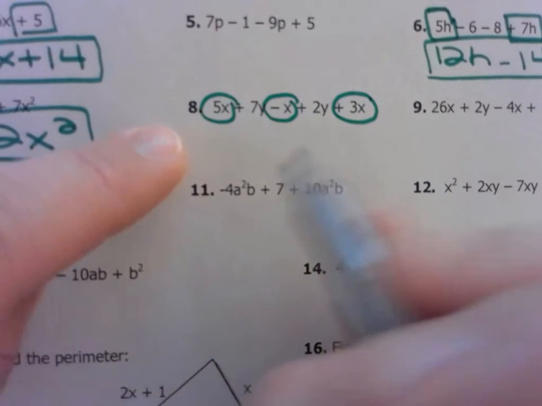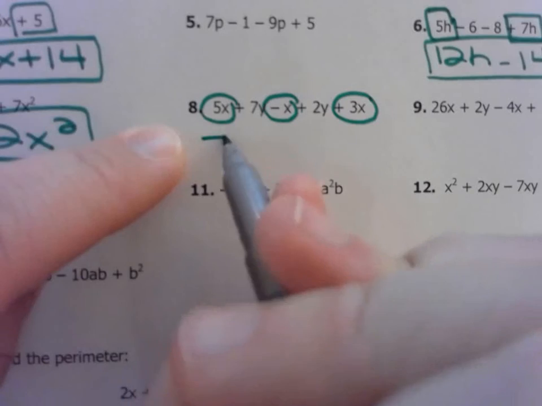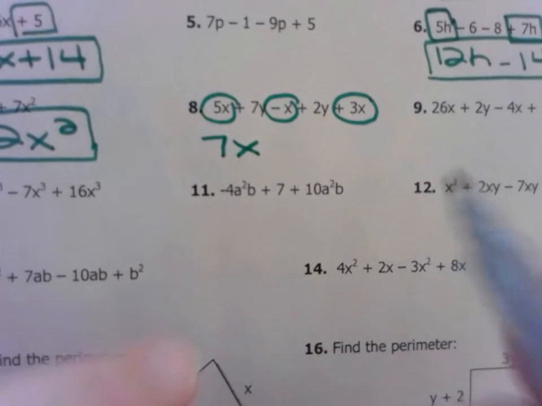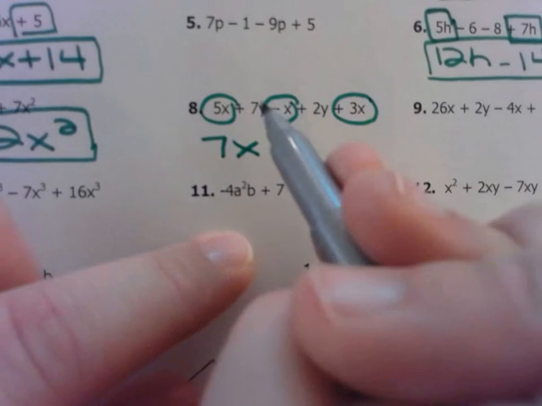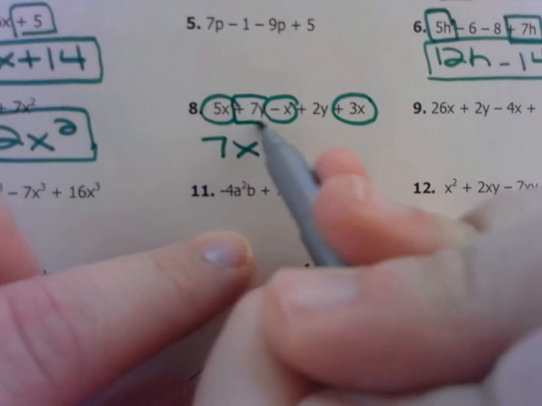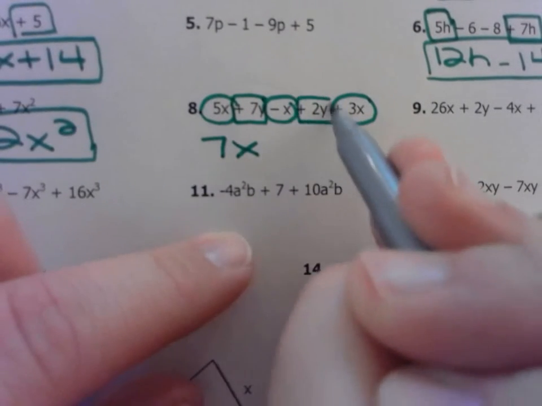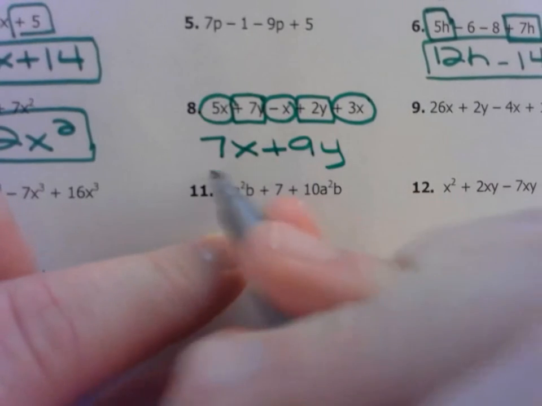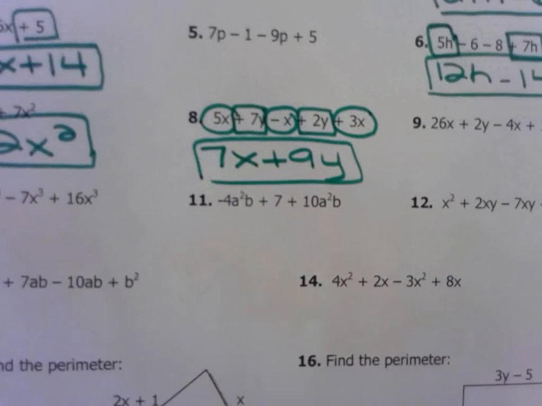Plus 3? 7. 7x. So you go through and combine like terms. Now the other two are my y's. 7y plus 2y plus 9y. I can't combine because one has x and one has y. Any questions on that? Doable?